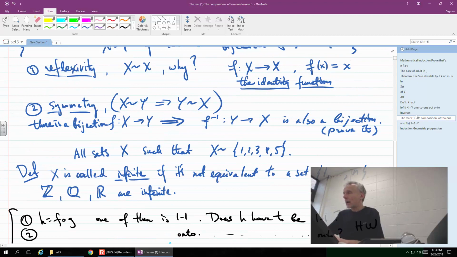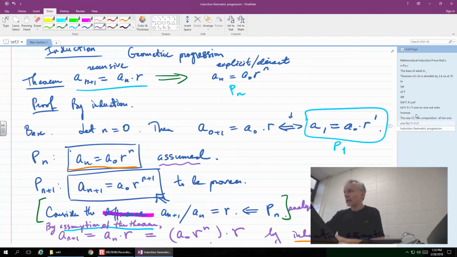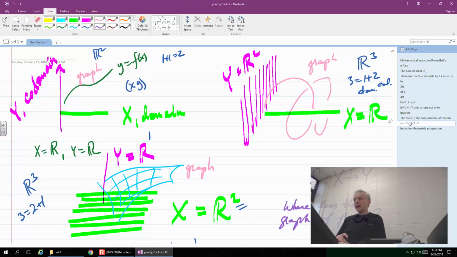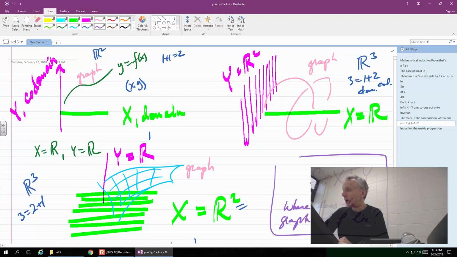But there is one more topic that I started over here, right at the bottom. The question is, where does the graph of a function between sets lie? The idea is suggested by these three examples from calculus. I colored the domain green and the codomain purple, and you can see how together they form the place where the graph lives, but this is not the union.